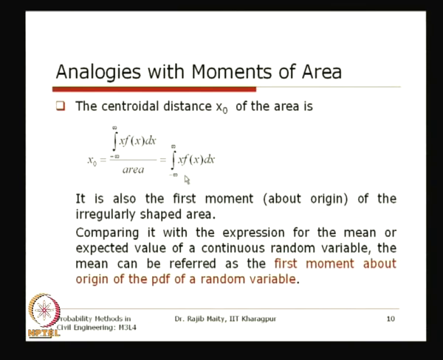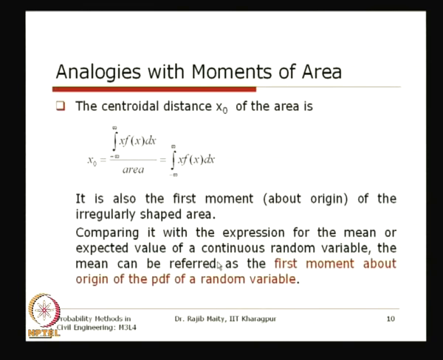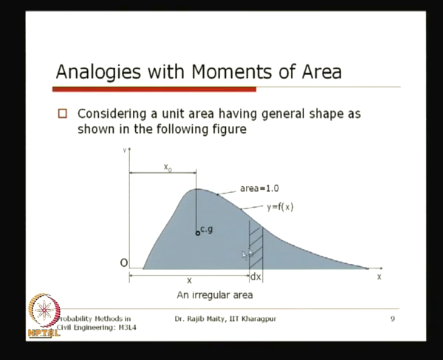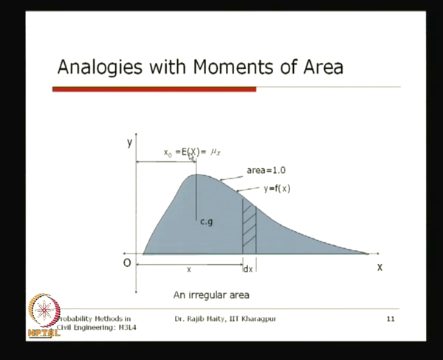But instead of taking it with respect to the origin, for our convenience, from the second moment onwards we take it with respect to the location of the mean. In the case of the first moment, x naught is the distance from the origin to the centroid of this area, which is the expectation of x, which is the mean. So this point is the distance from the origin to the mean.